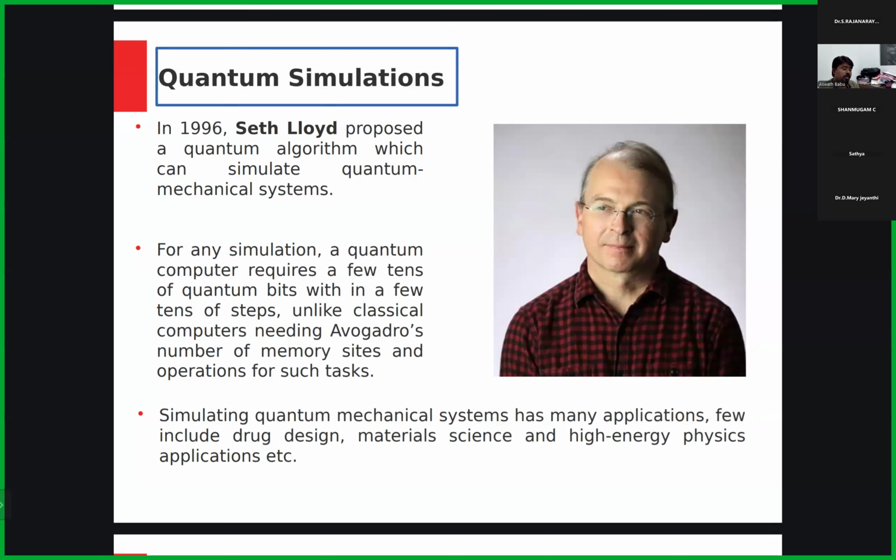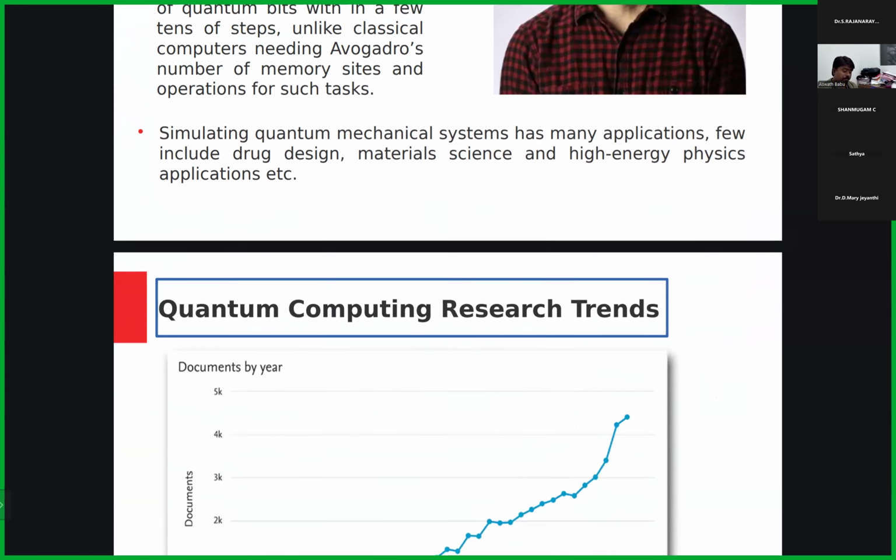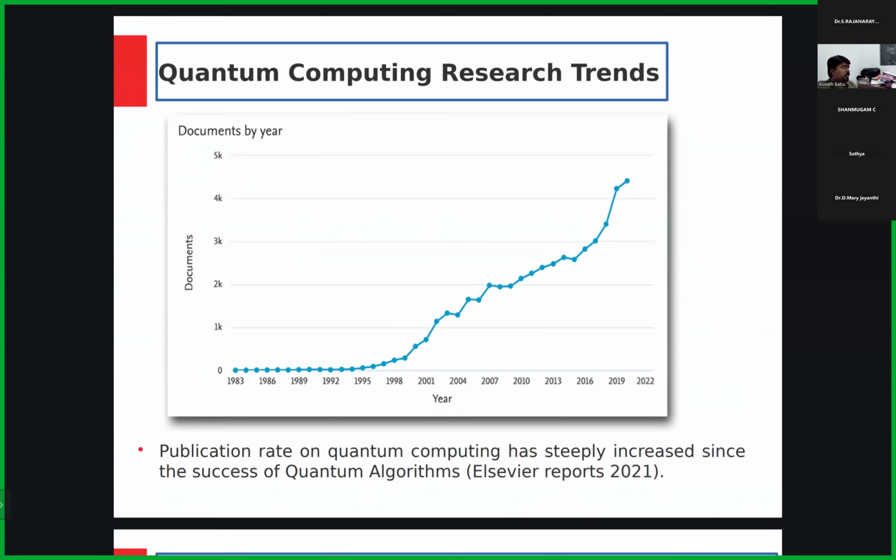He explained how quantum mechanical biological processes take place and used quantum simulations to show that, which in fact led to a few drug designs. Drug design requires a lot of time, which can be accelerated by using these quantum simulations.